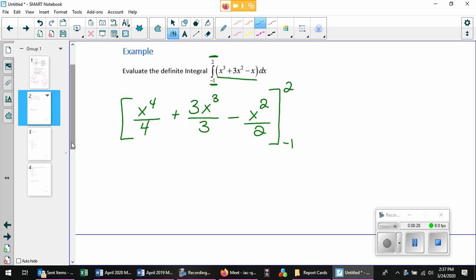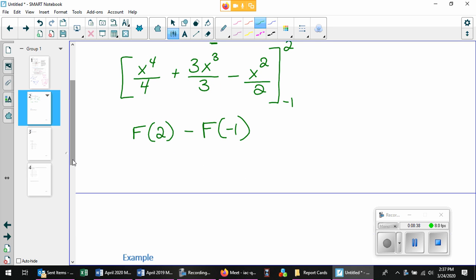And so now the next step is to evaluate F of 2 minus F of -1. So we're just substituting 2 into the equation first, evaluating that, and then we're going to substitute in -1, evaluate that, and subtract them. So I'm going to have 2 to the exponent 4 divided by 4 plus 3 times 2 cubed divided by 3, minus 2 squared over 2.